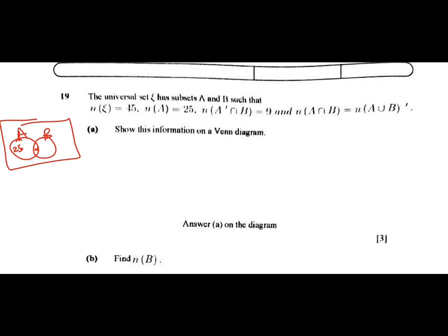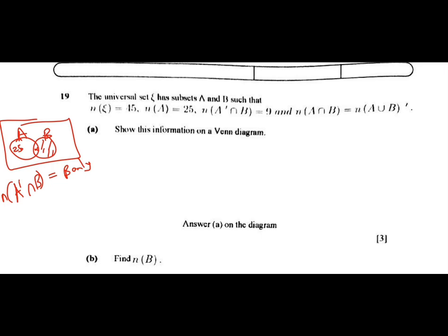What we do next is find the number of elements in A complement intersection B. This means we want the number of elements which are not in A, both in the intersection and in A only. So the number of elements in A complement intersection B is the elements in B only.